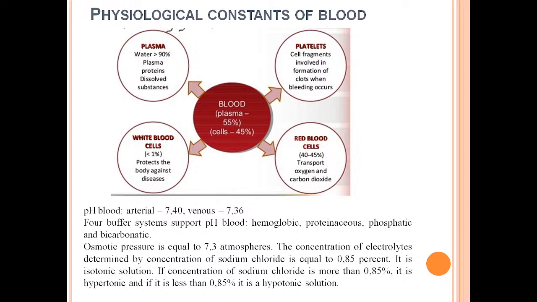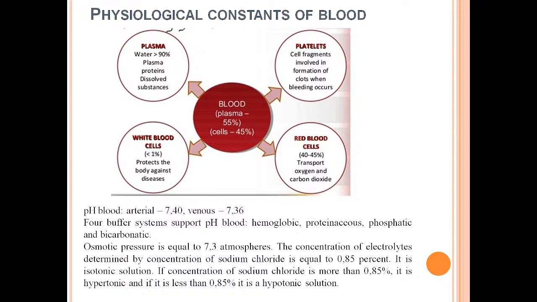Leukocytes from 4 to 9 times 10 to the 9th. Thrombocytes 180 to 320 times 10 to the 9th per liter.